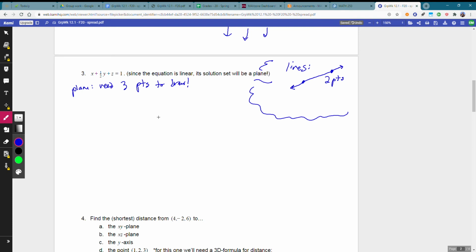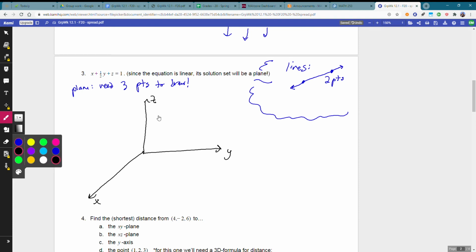And a nice set of 3 points to get a hold of are our axis intercepts. So where our plane cuts through the x-axis, y-axis, and z-axis. Hopefully it does somewhere. And we can find out pretty quickly where that is.